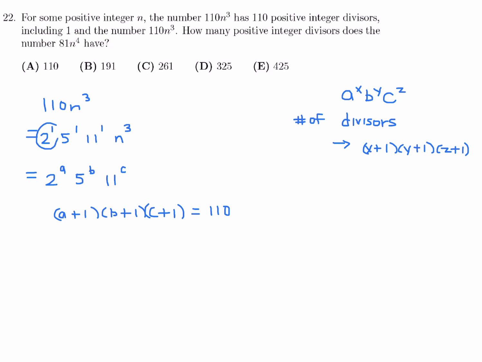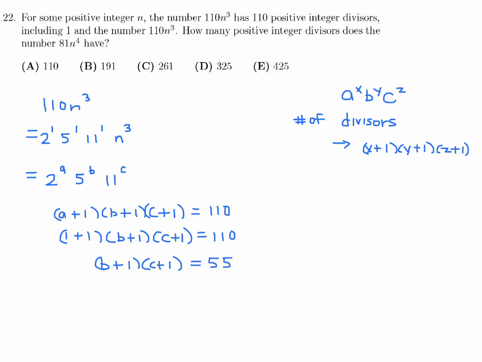So I'm going to keep this the way it is, so therefore my a is 1. So that becomes 1 plus 1. And then I've got this b plus 1 times c plus 1. Okay, and that's 110. So that means b plus 1 times c plus 1 will be 110 divided by 2, which is 55.